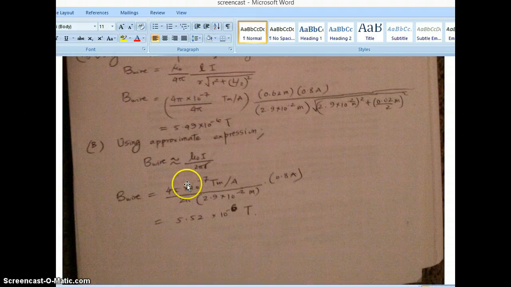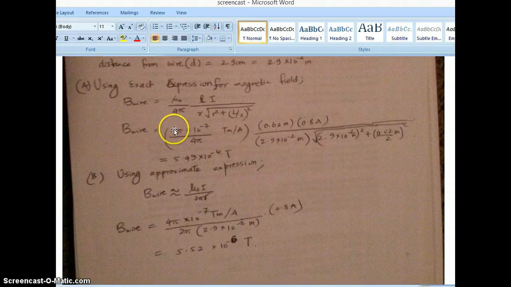After plugging in the values, we get the magnetic field due to the wire, which is 5.52 times 10 to the minus 6 Tesla. So we can observe that the value of the magnetic field using two different formulas for the same wire is different.